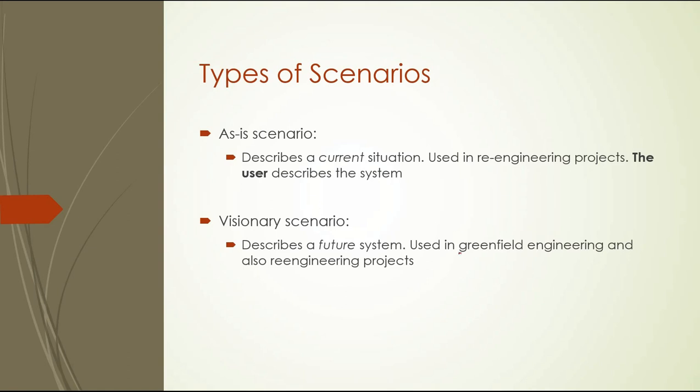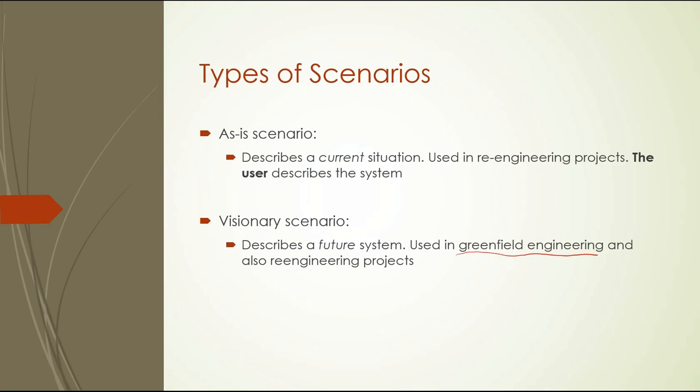If you remember, last time when we talked about the different types of requirement, we have greenfield. Remember what we said about green? Green is the first one, which is from scratch, but in the future you want to design this. It can also be used in re-engineering, the second one, which is the existing system.